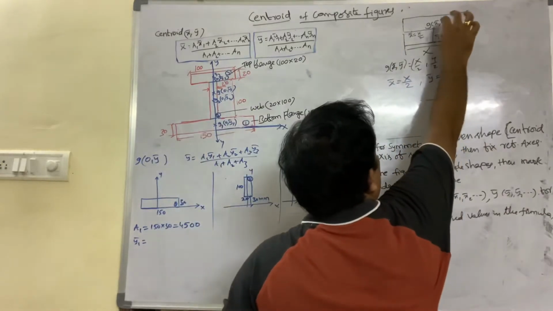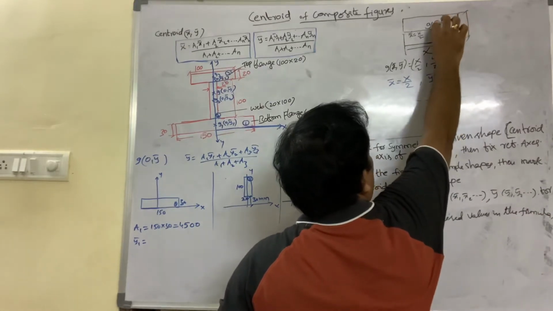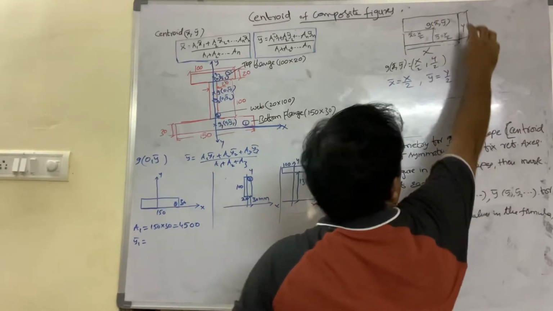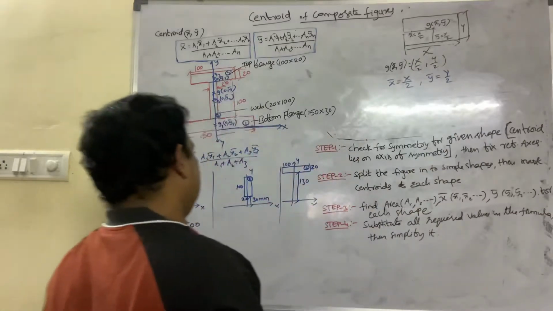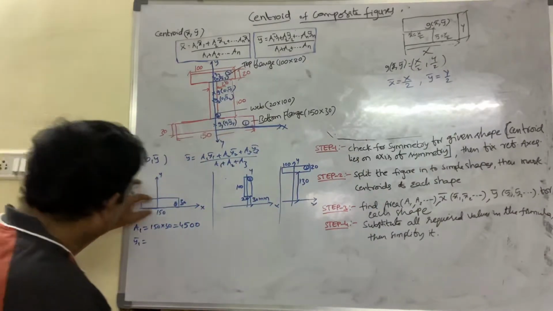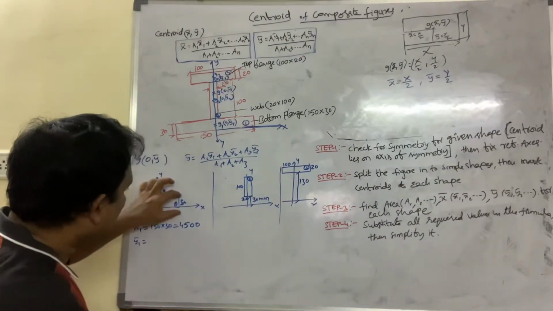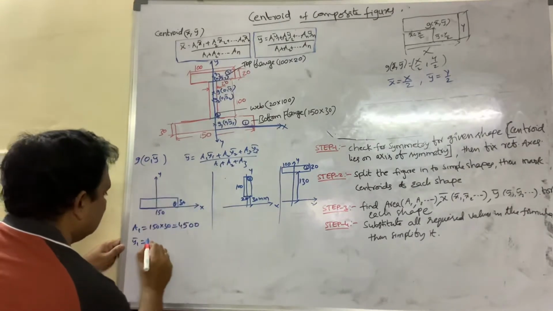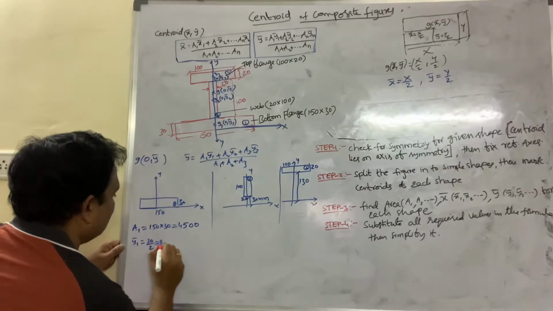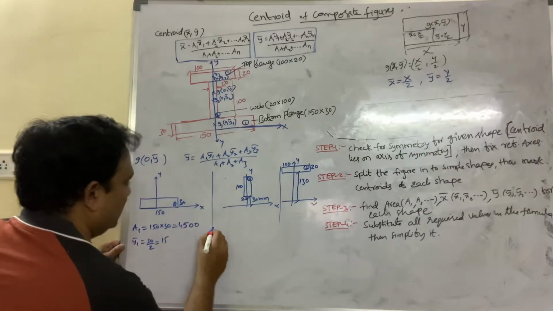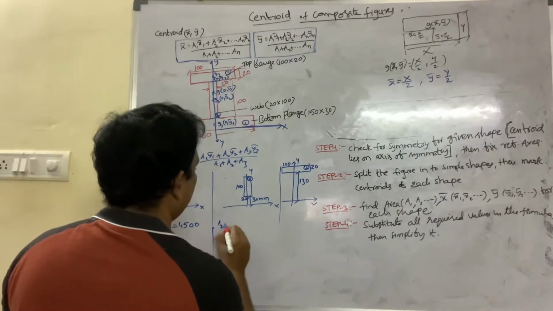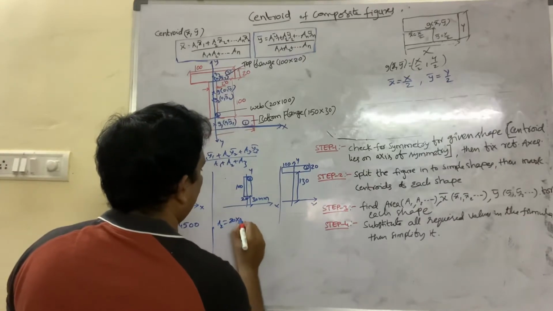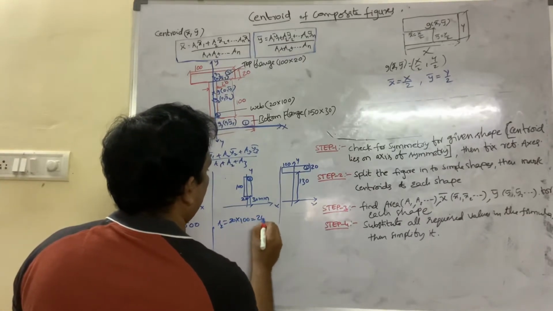And y bar is equal to half the vertical distance. So for this rectangular section, what is y1 bar? Half the vertical distance, that is 15. Let us move to the second one. What is A2? 20 into 100, 2000.